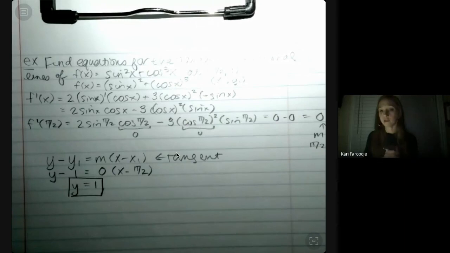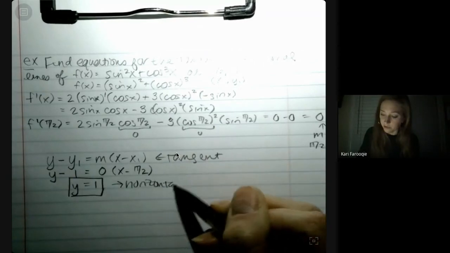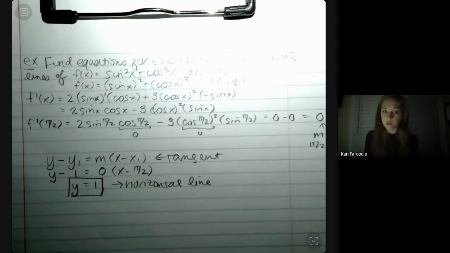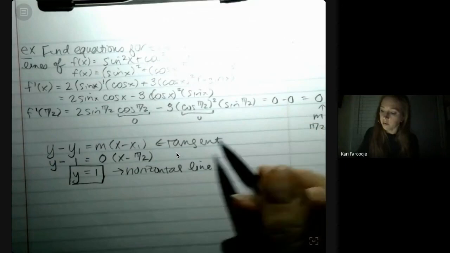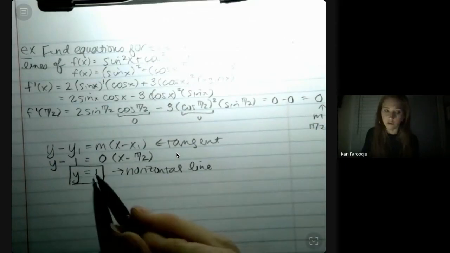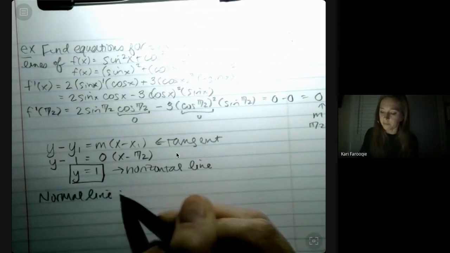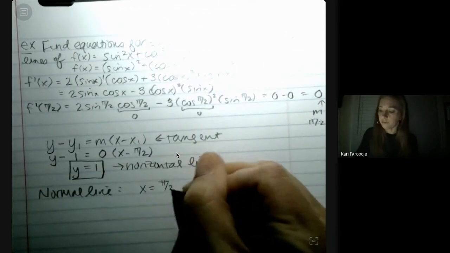Now, the equation for your normal line, well, think about what that's going to look like. This is a horizontal line. It's a horizontal tangent line. If your normal line is perpendicular, then it's going to be a vertical line, which has an undefined slope. So your tangent line has this equation, y equals 1, and your normal line is going to have the equation x equals pi over 2.